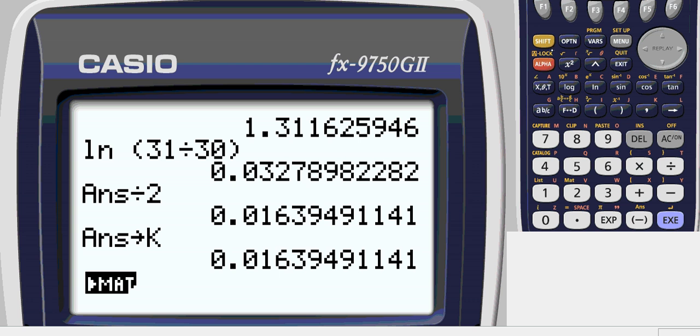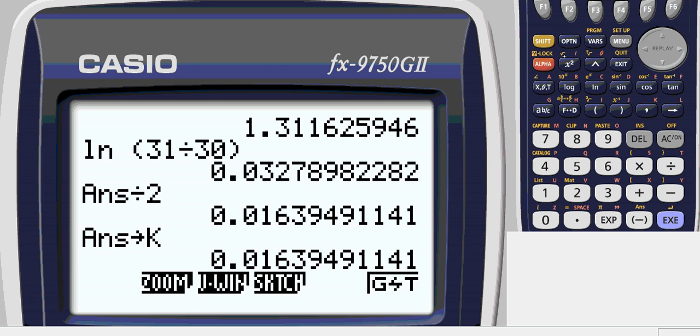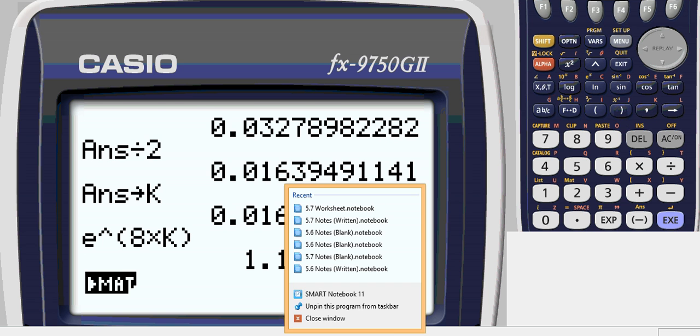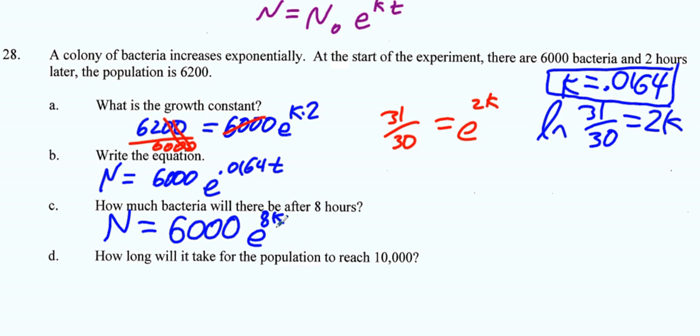So in our calculator, we do e to the 8 times K. Make sure you put the 8 times K inside parentheses. So we did e to the 8K, now multiply by 6,000.